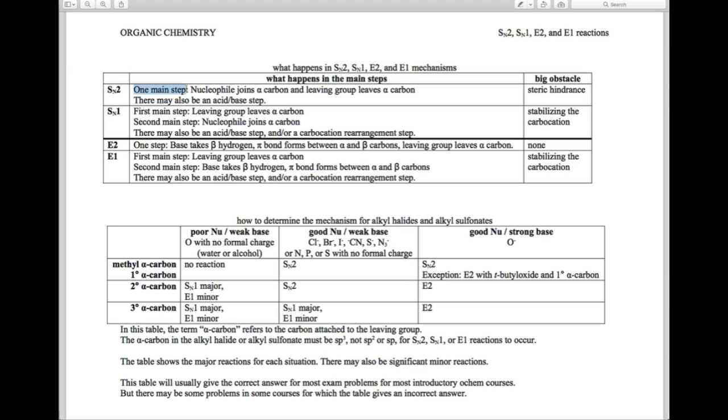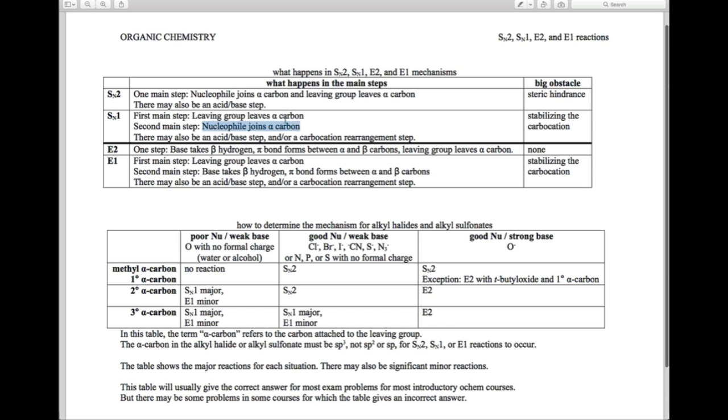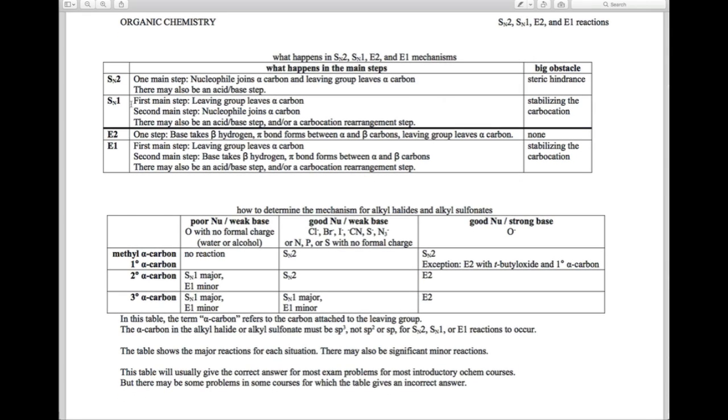There is one step in an SN2 reaction, during which the nucleophile joins the alpha carbon and simultaneously the leaving group leaves the alpha carbon. There are two steps in an SN1 reaction. In the first step, the leaving group leaves the alpha carbon, and in the second step, the nucleophile joins the alpha carbon. Now, actually, what I said here is that there are two main steps.